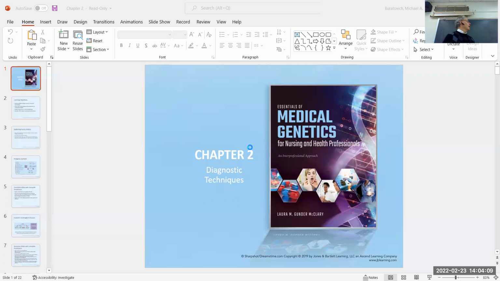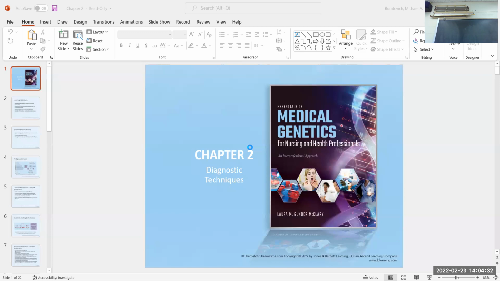Now, let me introduce you to the concept of penetrance. Sometimes you have genetic traits that just don't show up, even though the person genotypically should have the trait.